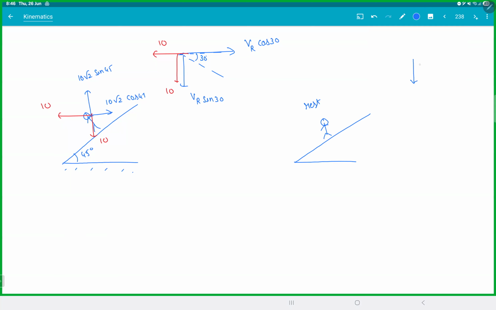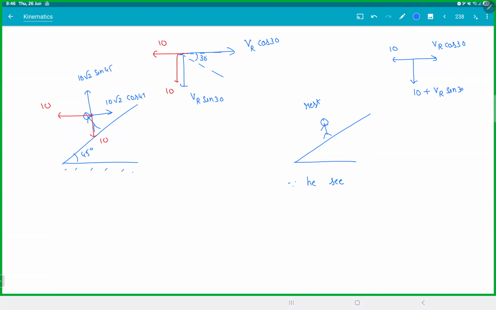So look at this component here. So this will be 10 plus V rain sin 30. This is 10 and this is VR cos 30. Now you tell me, if the rain falls vertically, means what? Horizontal component is 0.